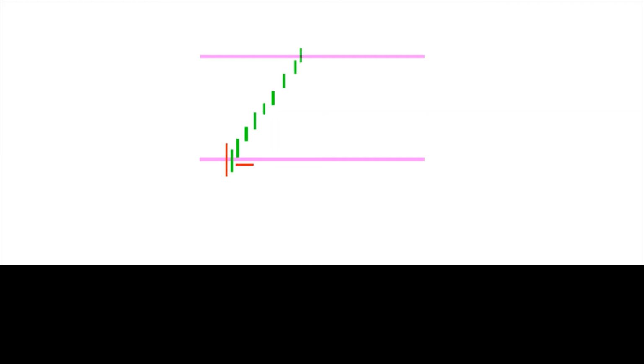Can price go through? Yes, it can. Once it goes through, it's the reverse of this. We're looking for a base. And actually, it's the same. We're looking for a higher high to continue in the trade. If we fail to make the higher high, and this candle actually turns into a red candle, and we make a lower low, then the position is closed in most cases.